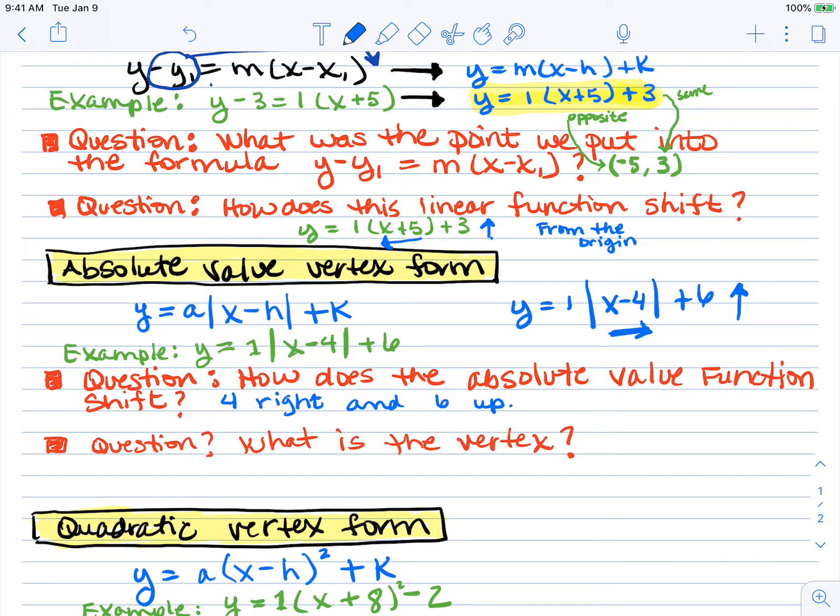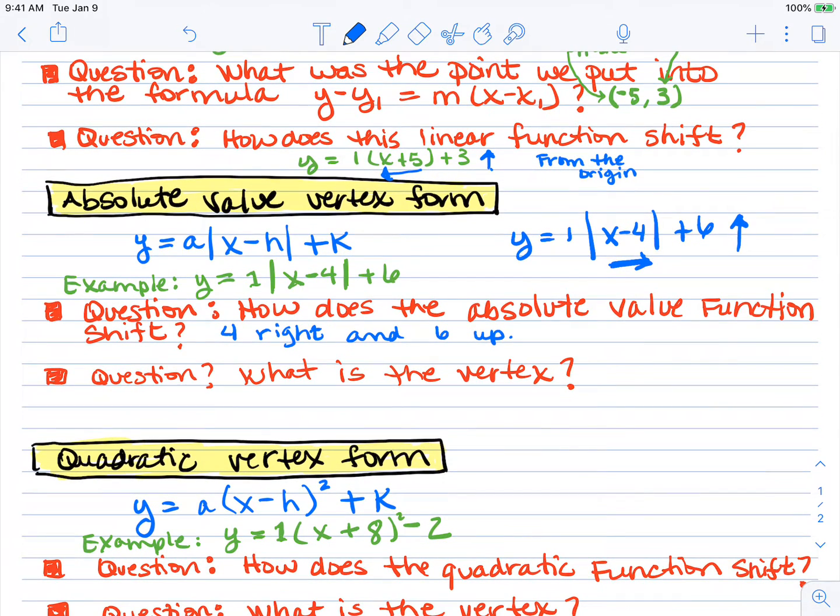And that's going to translate into my vertex. If I had an absolute value function and I started at the origin, it would give me this new vertex where my x value is 4 and my y value is 6.